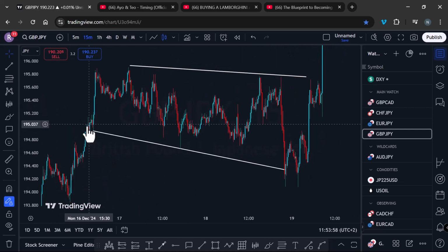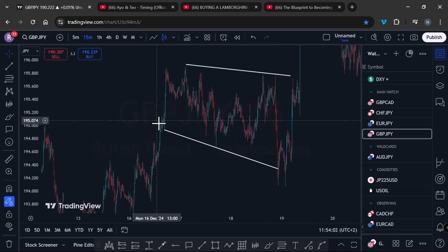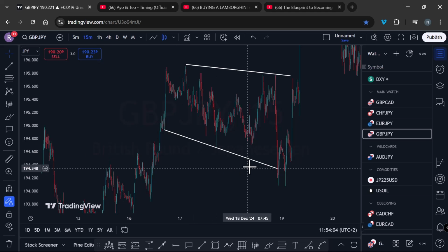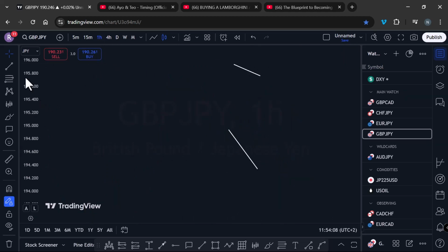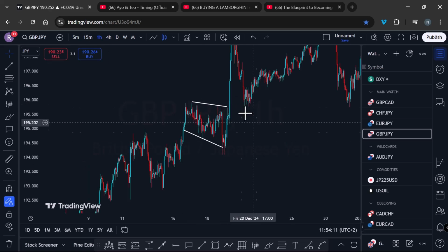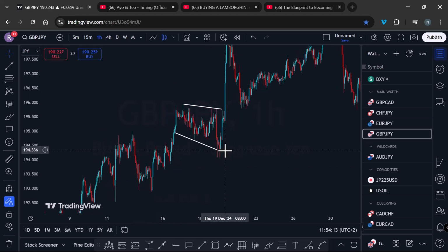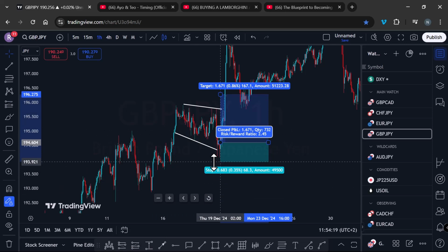This one to me was a bit subjective. It doesn't carry that much momentum that I want, that correction there. But then this was a clear 1 2 3. So this could be a possible continuation entry on the 1 hour, which was a 3 touch, right? And then here we'll wait for your entries, and then I would have entered there, right? My entry would have been there, and then stop loss there.